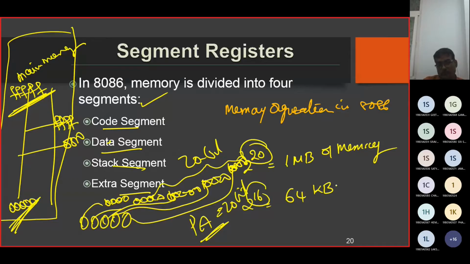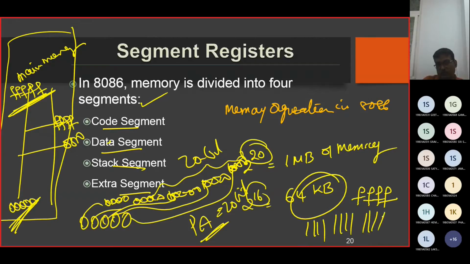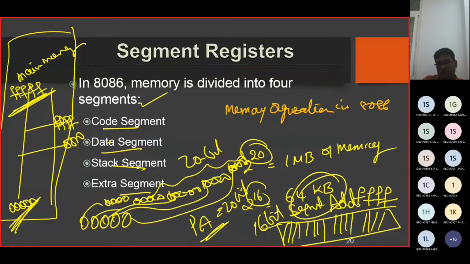Then what is the segment address? It is 64 KB. That means I will get only a maximum of FFFF. What is F? 1111. Another 1111, another 1111, and 1111. So these form the 16-bit segment address. We need to add a 16-bit segment address because I am at this position and I want to move to some other position.